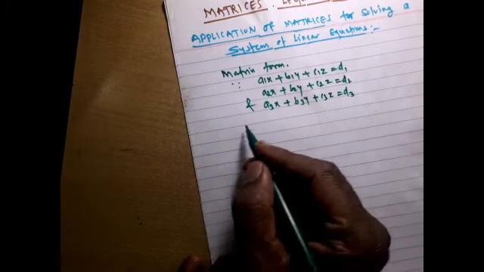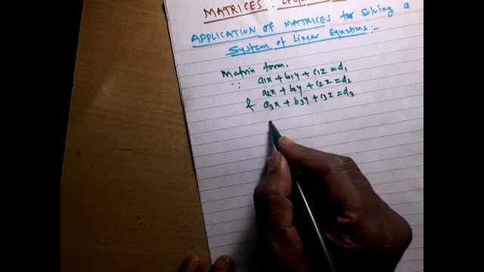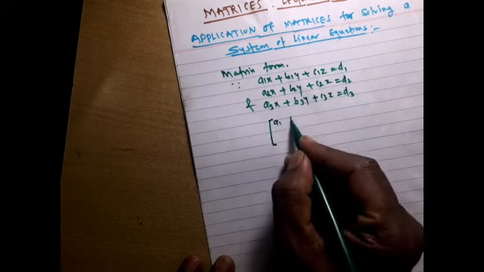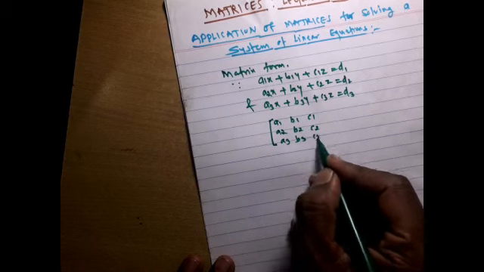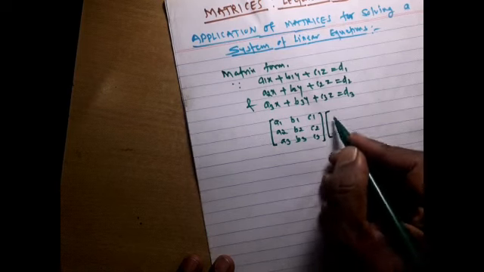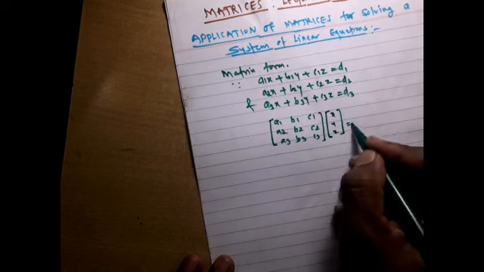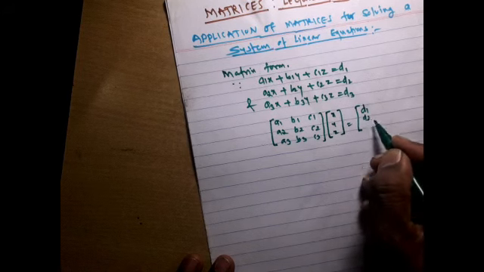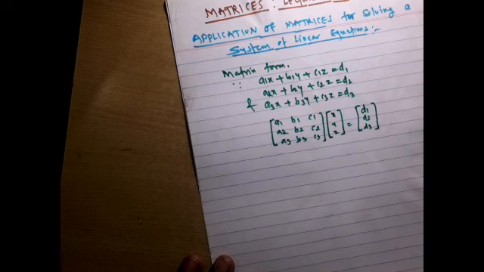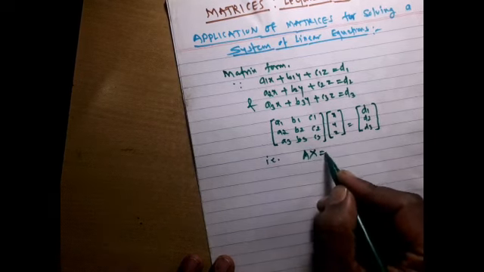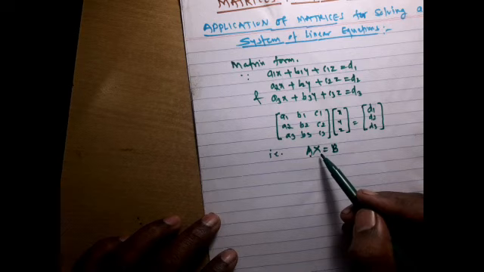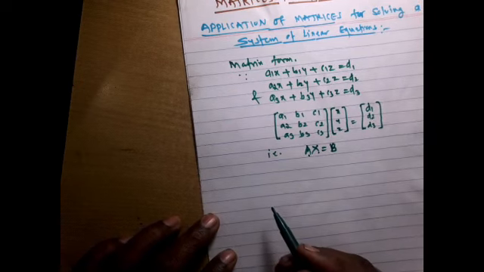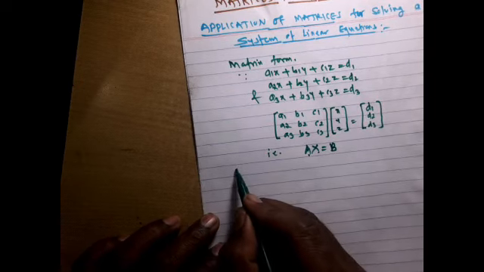So we can express this in matrix form, that is [a1 b1 c1; a2 b2 c2; a3 b3 c3] into the variable matrix [x y z] is equal to the constants [d1 d2 d3], that is in the form AX is equal to B, where A is a matrix obtained by the coefficients of the equations, X is the matrix of variables, and B the constants on the right hand side. Now to solve these equations, there are two methods.